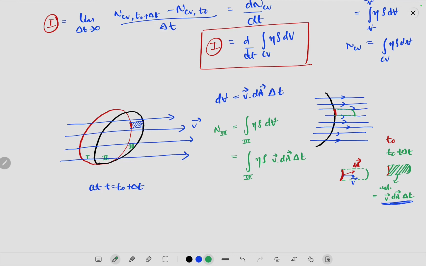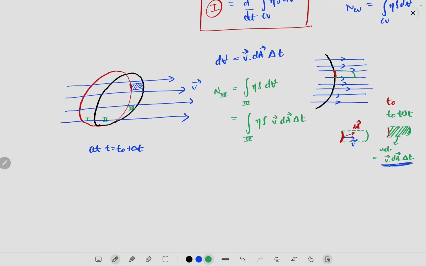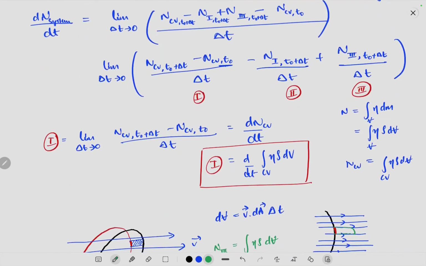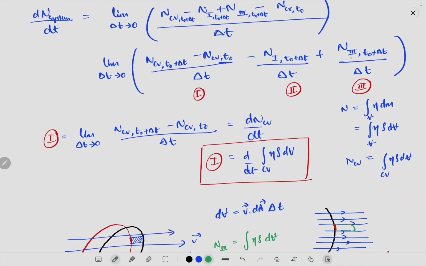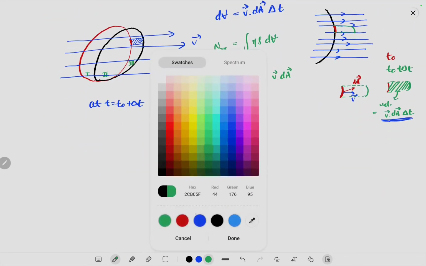Since delta t is independent of the volume element you have chosen, I can take it outside. And if I see over here, I have the term limit delta t approaches 0 of N3 at t naught plus delta t divided by delta t. So what would term 3 become?